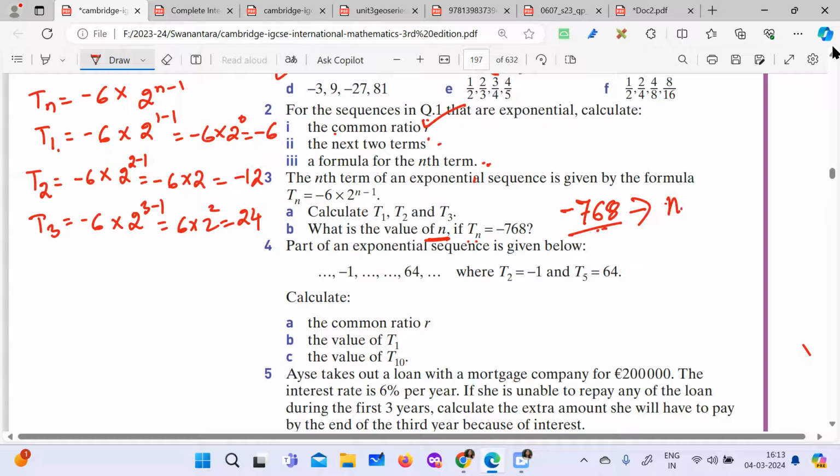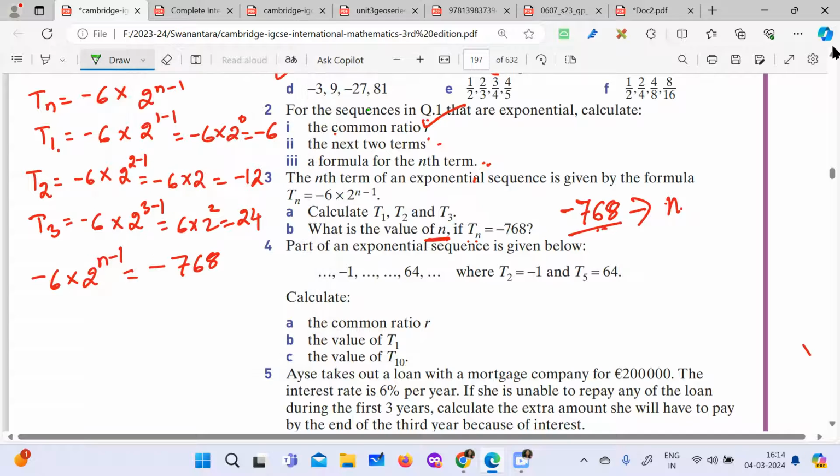Understood? Okay, so we have to use the nth term rule. The nth term rule says minus 6 times 2 to the power of n minus 1. I have to figure out what n is, and this is equal to minus 768. Until here it is clear to you? Any doubt? No doubts, miss.